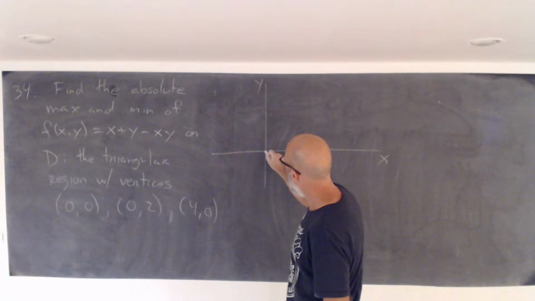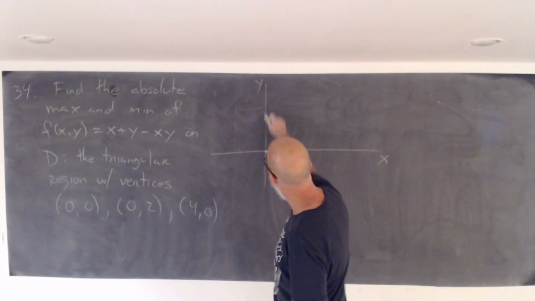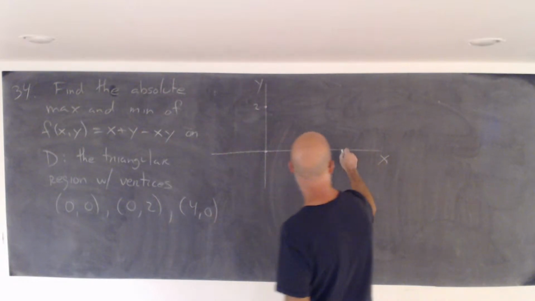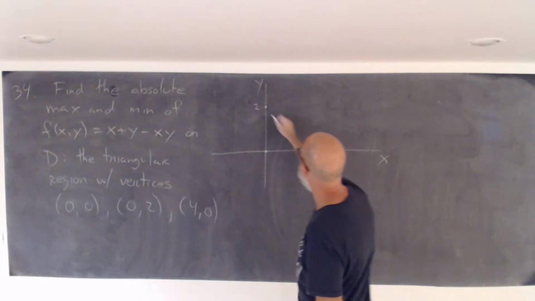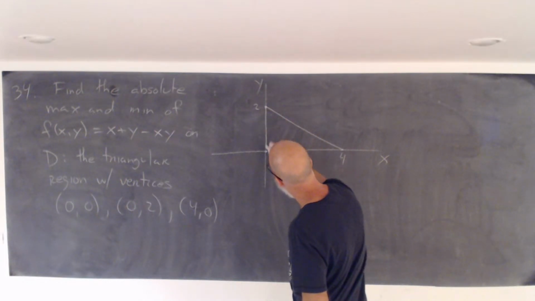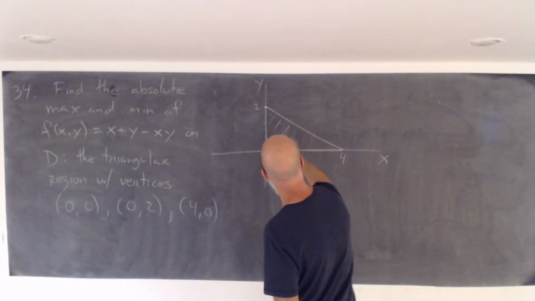So the origin, the point 0, 2, when x is 0, y is 2. And the point 4, 0. So we have this triangular region here.